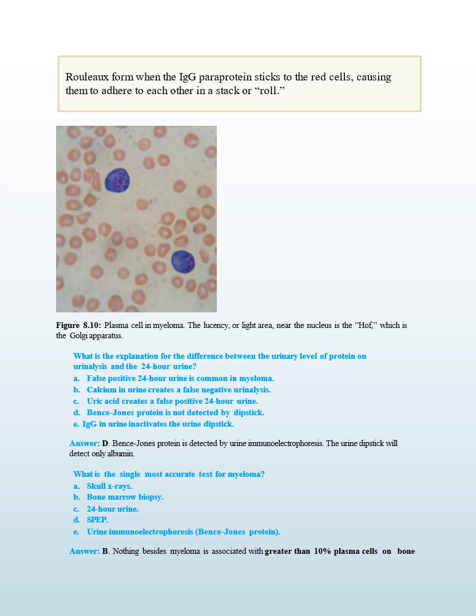C, uric acid creates a false positive 24 hours urine. D, Bence-Jones protein is not detected by dipstick. And E, IgG in urine inactivates the urine dipstick. The right answer here is D, Bence-Jones protein is detected by urine immunoelectrophoresis. The urine dipstick will detect only albumin.